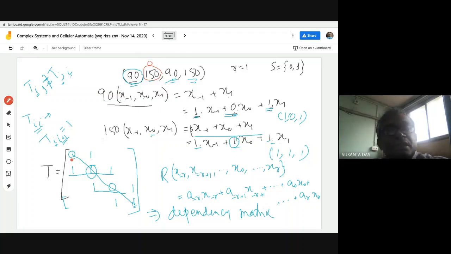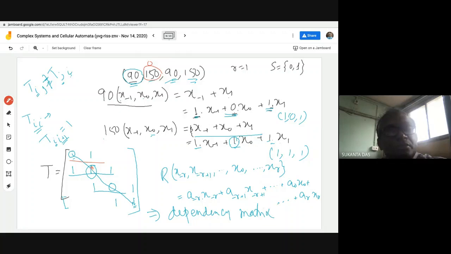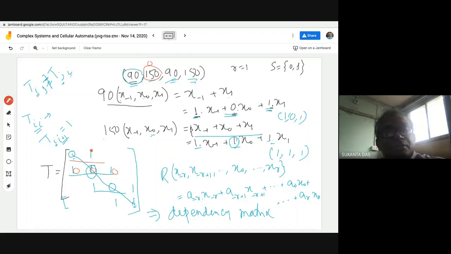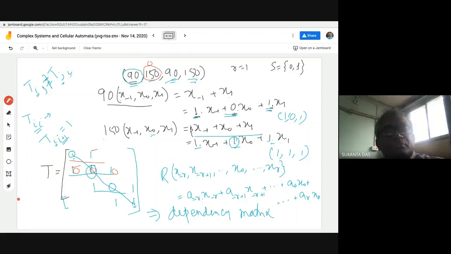Then for 0, it will be all 0, because 0 means always 0. So this position differs.